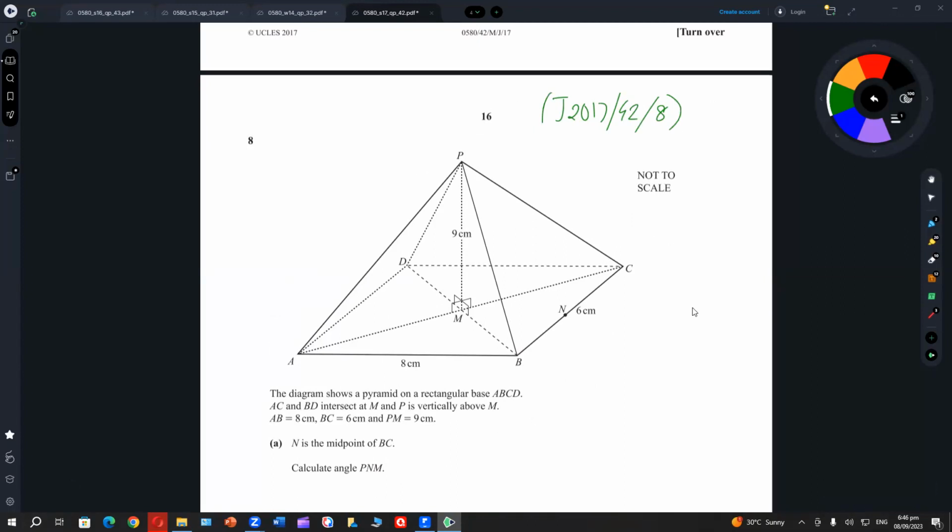It looks like a question on 3D. The diagram shows a pyramid on a rectangular base ABCD. AC and BD intersect at M and P is vertically above M. All angles are 90.